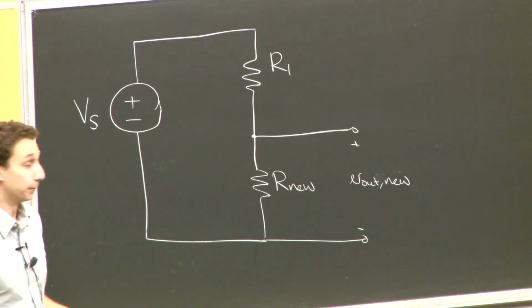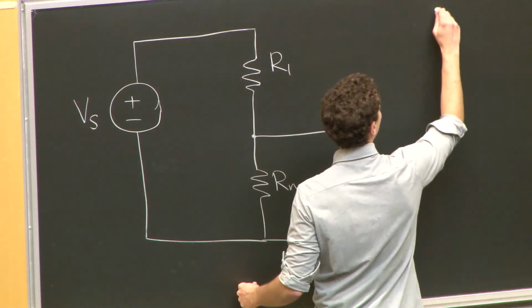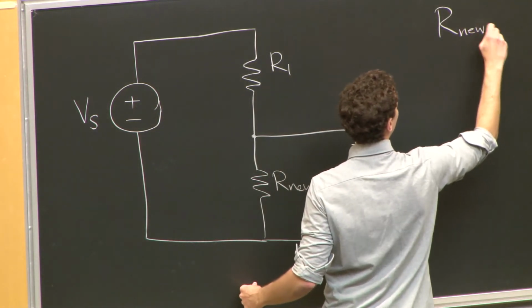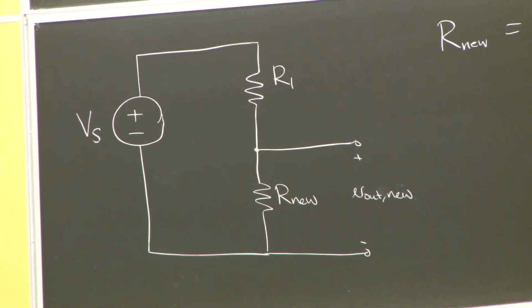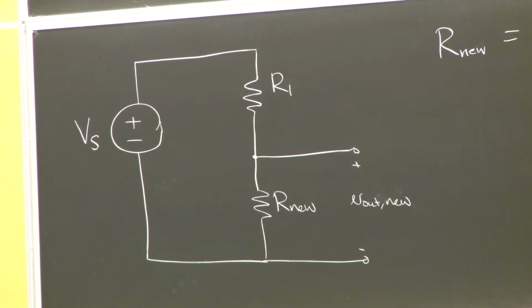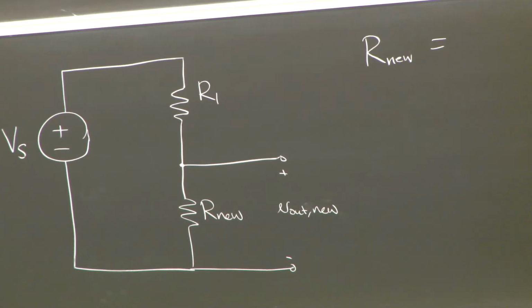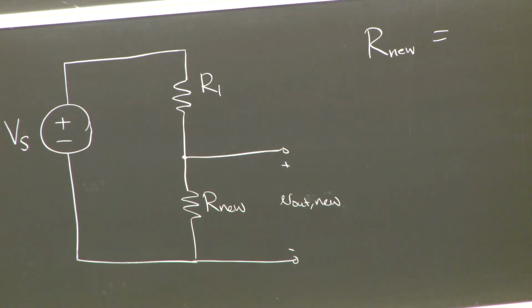Now what is R new? Anybody know? Yeah, it's the equivalent R of the parallel combination. So it's the parallel combination of R speaker and R2.